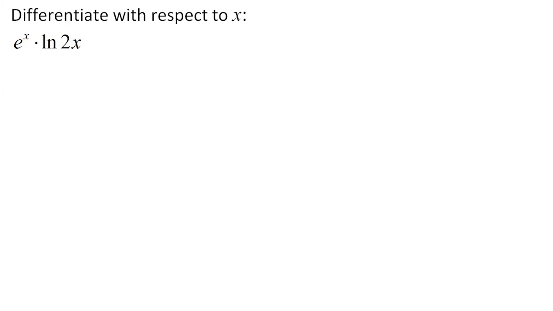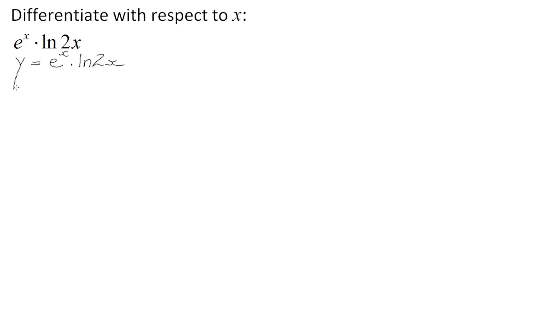Differentiate with respect to x. y is equal to e^x times ln 2x. Remember, the previous example was the product of two algebraic expressions. Now we have another product here of an exponential and a logarithmic expression, which means we will apply the product rule again.